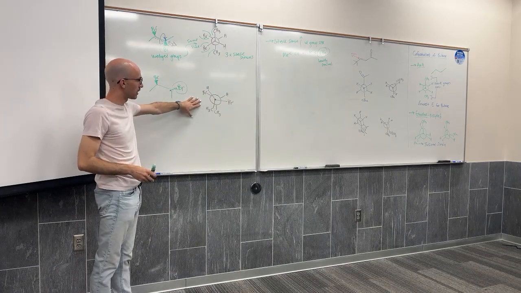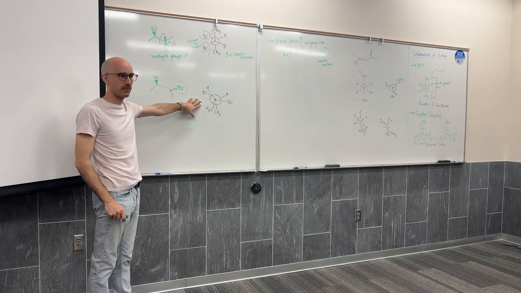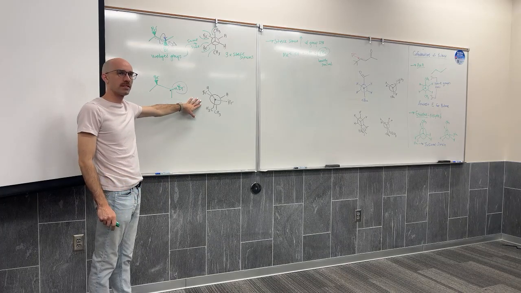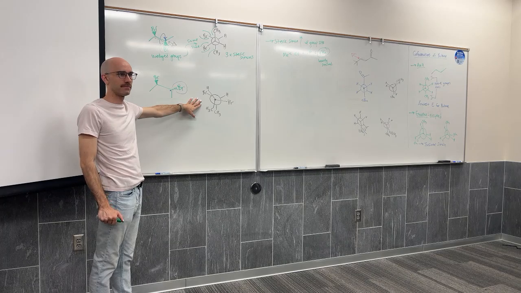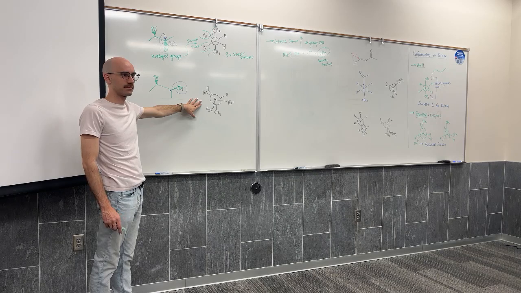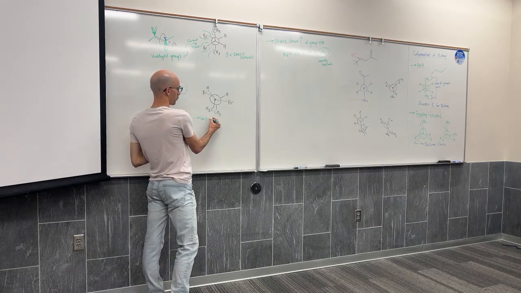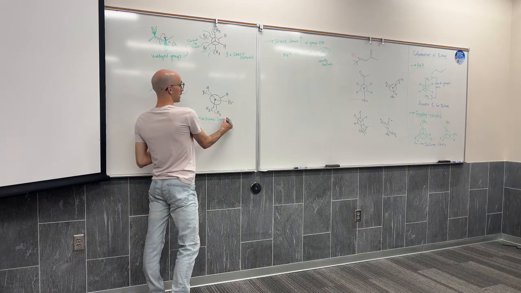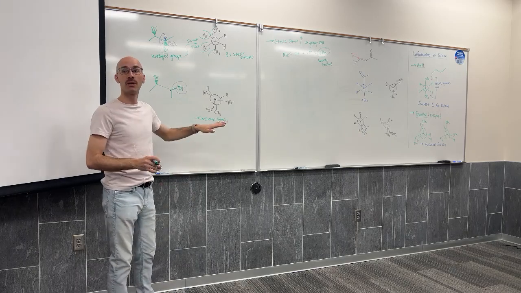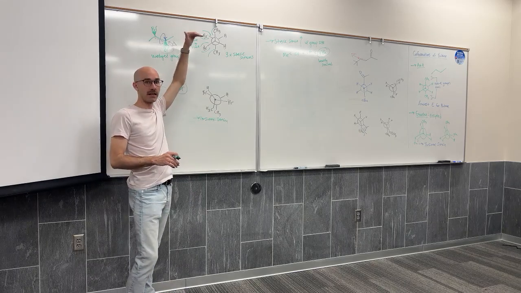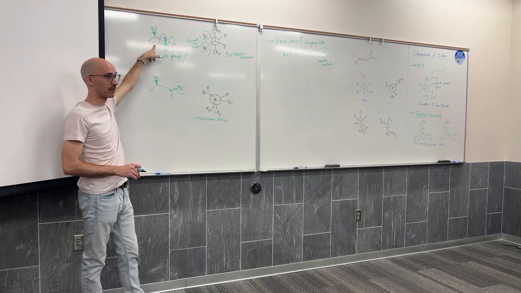Let's look at this conformation. What types of strain are present here? Torsional strain for sure. Every part of this molecule in this conformation has torsional strain. So immediately, we know that this conformation is higher in energy than our first conformation.